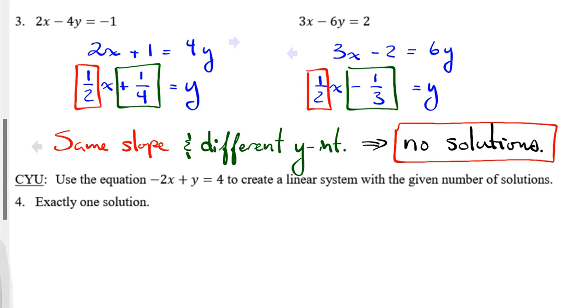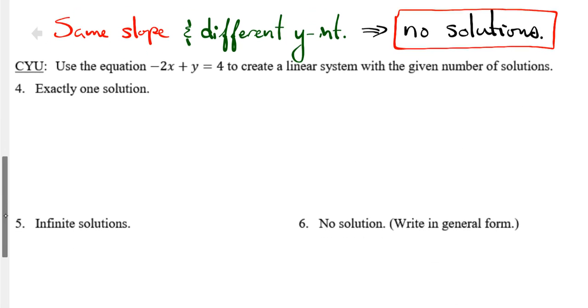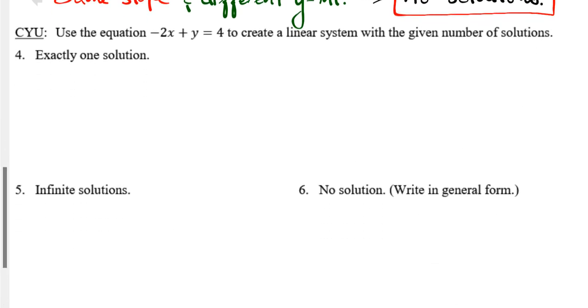For these next questions, I'm not going to go over answers, but I will just give you the reminder that if we have exactly one solution, that means we have different slopes. So as long as you had two equations with different slopes, excellent.